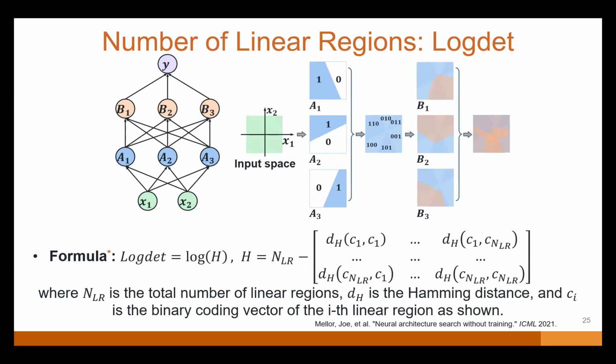So one of these is based on the number of linear regions. Okay, so the basic idea in this case is that the linear regions correspond to unique activation patterns of the neurons in the network.